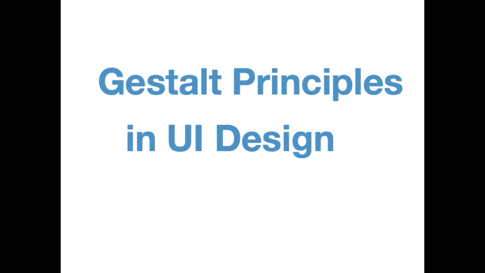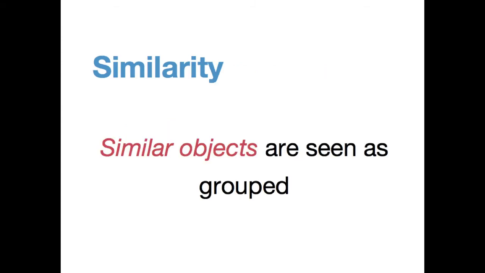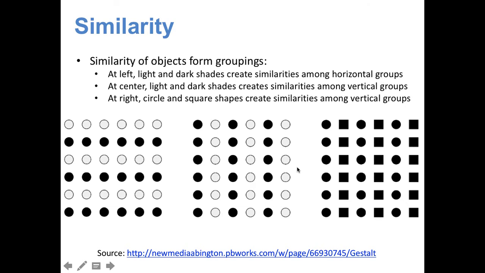Okay, in UI principle related with Gestalt principle, we can see, number one, similarity. In similarity, you put similar objects into one group, like this. In similarity, objects form grouping. If you look at this object and this object, you can see the similarity pattern.